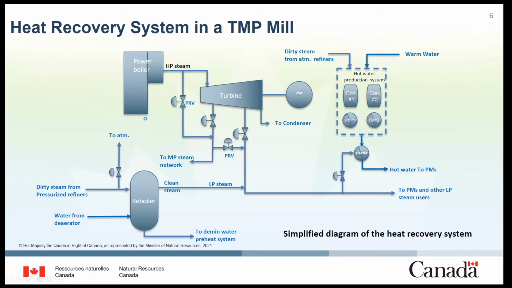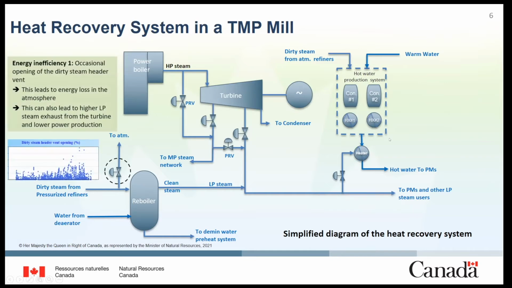The system consists of two subsystems: the boiler subsystem, which receives dirty steam from pressurized refiners and produces clean steam, and the second subsystem, a combination of direct contact condensers and direct contact heat exchangers, which receives the dirty steam from atmospheric refiners and recovers the heat to produce hot water for the paper machines.